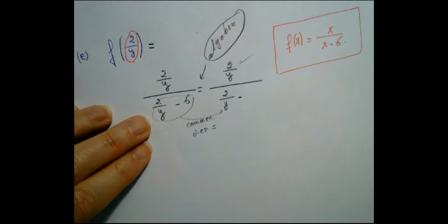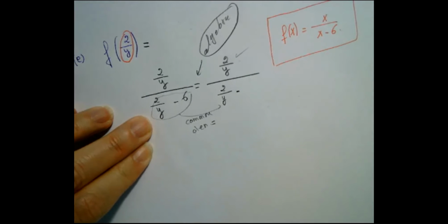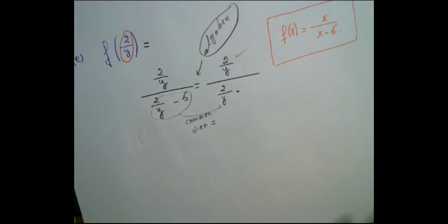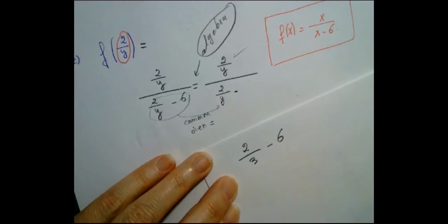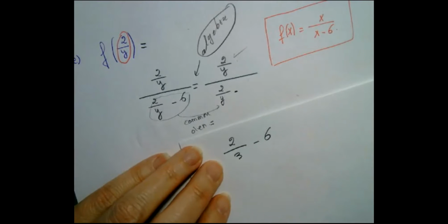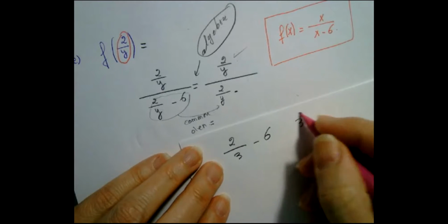Don't let y bother you. If instead of y, think about it in numbers, but then use y. If instead of y you have a 3, what would be your common denominator? 3, right?